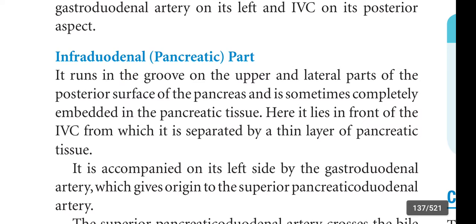Here it lies in front of the inferior vena cava, from which it is separated by a thin layer of pancreatic tissue.